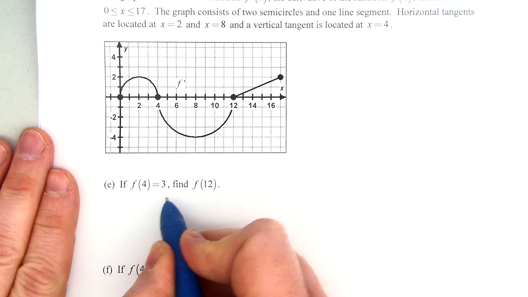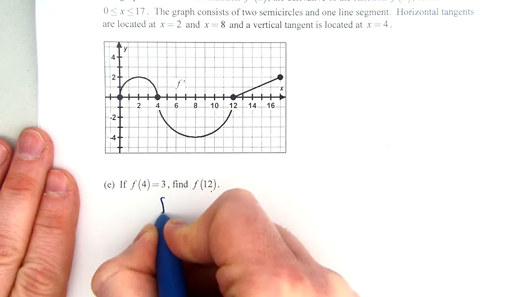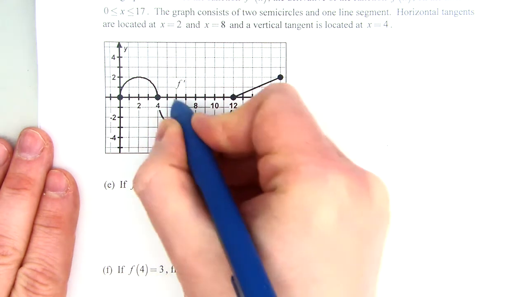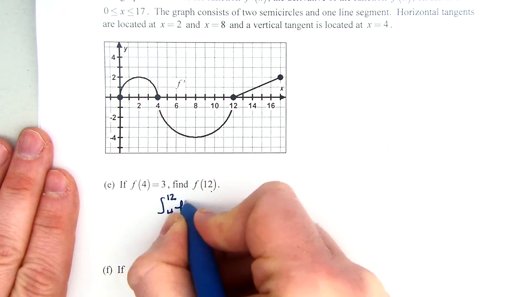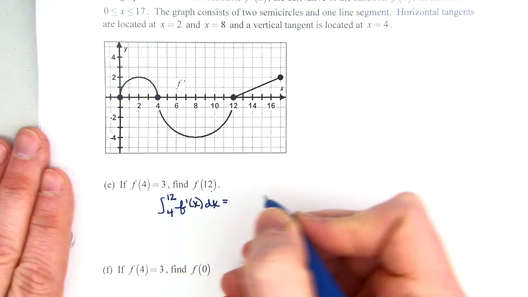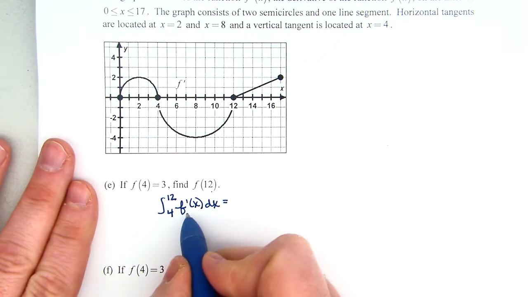I'm going to set up an integral from 4 to 12. And I'm going to choose those two numbers because those are things that I was given in the problem. I know that the integral from 4 to 12 of the graph that I have of f prime of x dx, by our first fundamental theorem of calculus, I'm going to find the antiderivative.